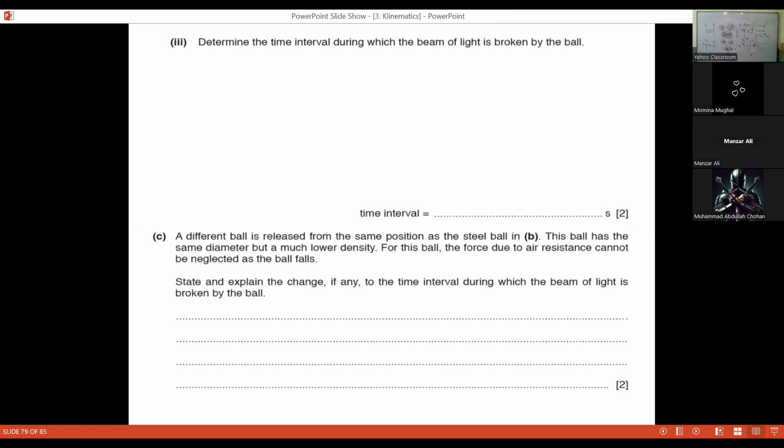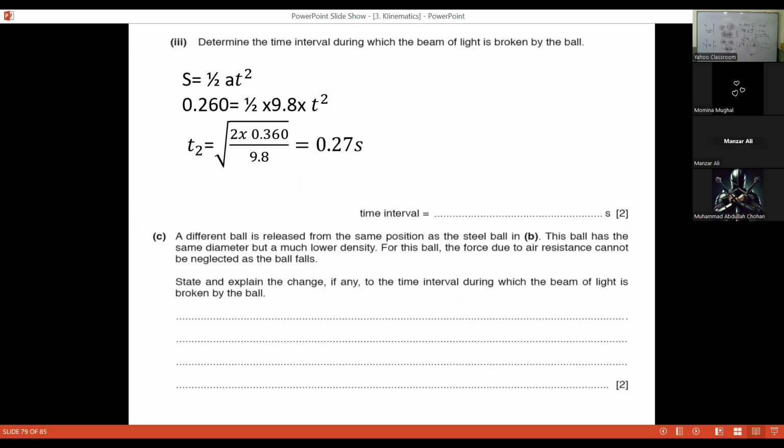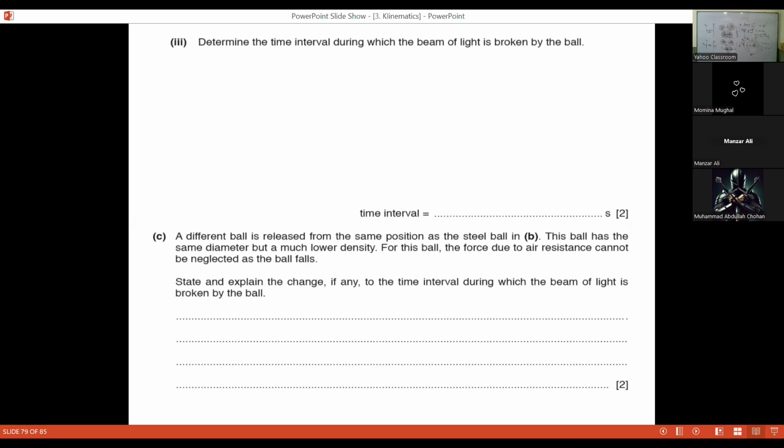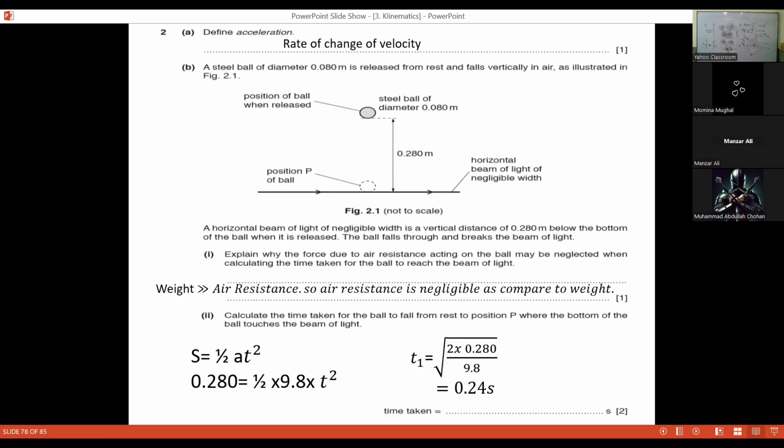Time interval during which the beam of the light is broken by the ball. That will be the time it travels a distance of, पहले देखिएगा हमने डिस्टेंस जो ट्रेवल करवाया है वो 0.28 है. अब 0.28 में आपने इसका जो डायमीटर है वो भी ऐड करना है, because that is the time it will take to travel.